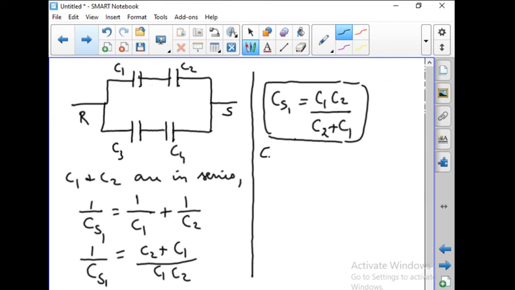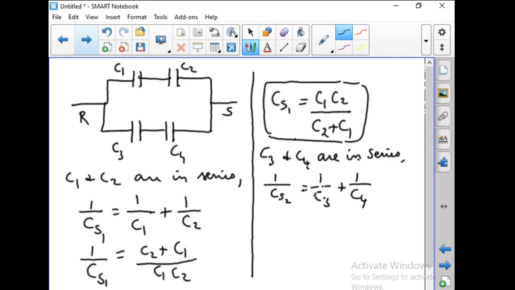Similarly, C3 and C4 are in series. Therefore, how will you write? 1 by CS2 is equal to 1 by C3 plus 1 by C4 is equal to C4 plus C3 by C3 C4.